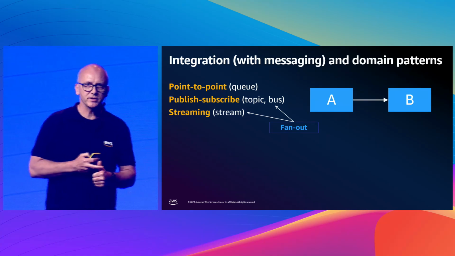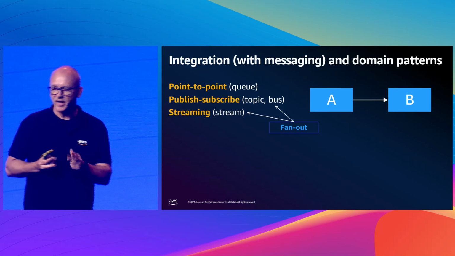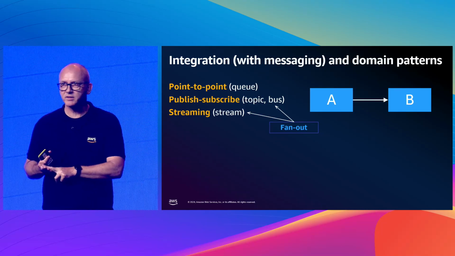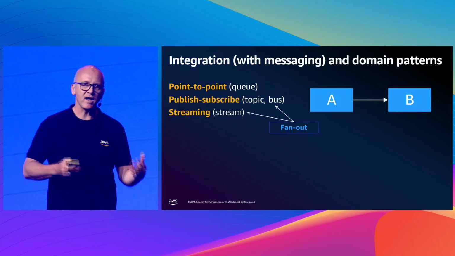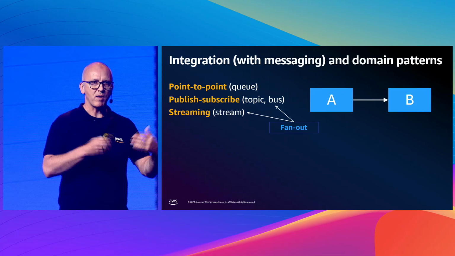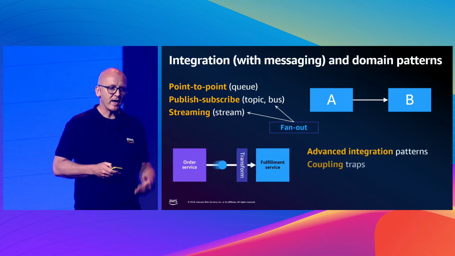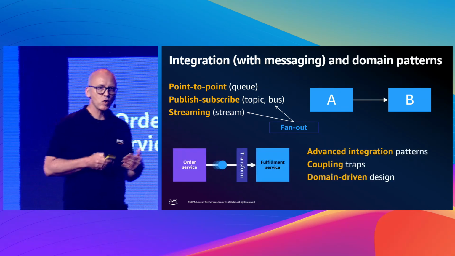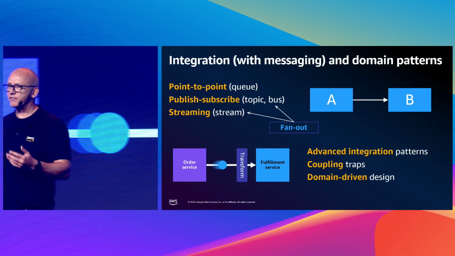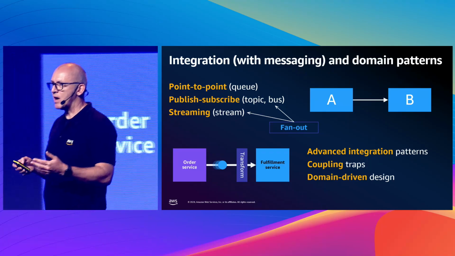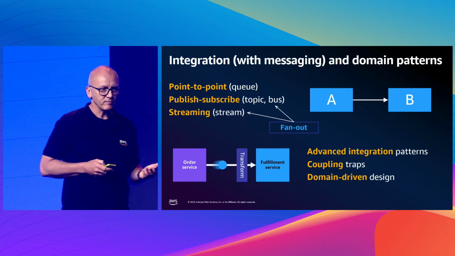We have point-to-point integration with queues, publish-subscribe with topics and buses, and then we have streaming implemented by streams. What a surprise. And number 2 and number 3 are both fan-out integration patterns. That means multiple consumers can receive those messages. And then we have advanced integration patterns that look after common coupling traps or other pitfalls, and domain-driven design questions that might come up while you design your event-driven application.